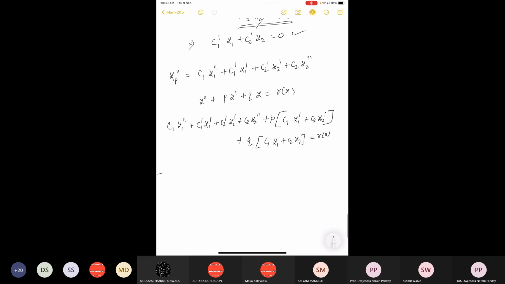Is it okay here? Now just collect the y1 component and the y2 component separately.